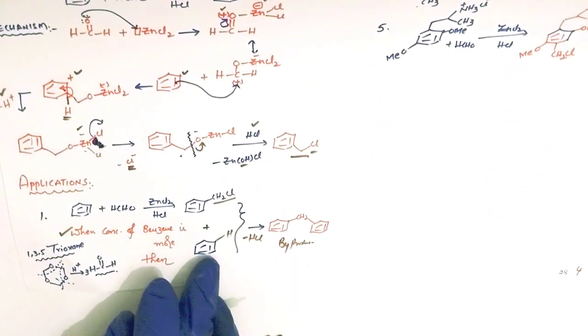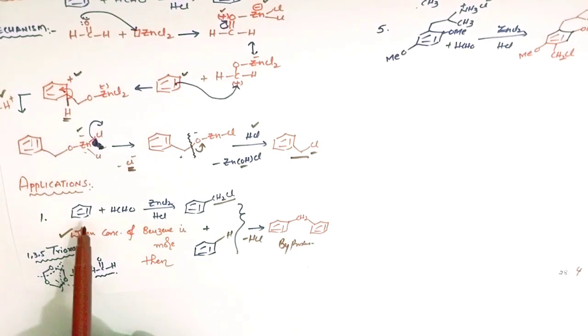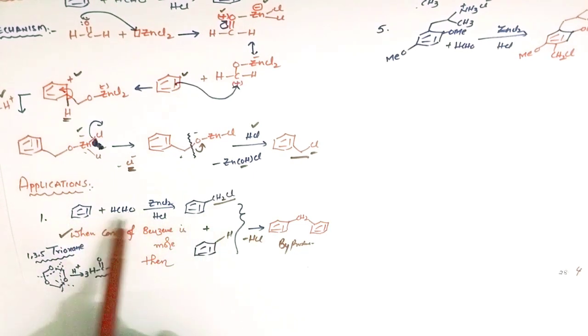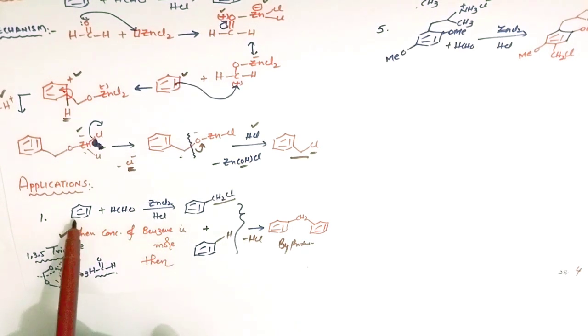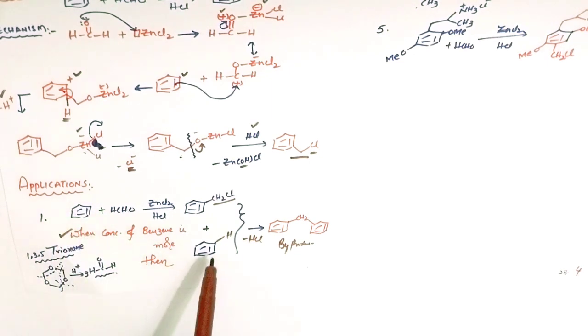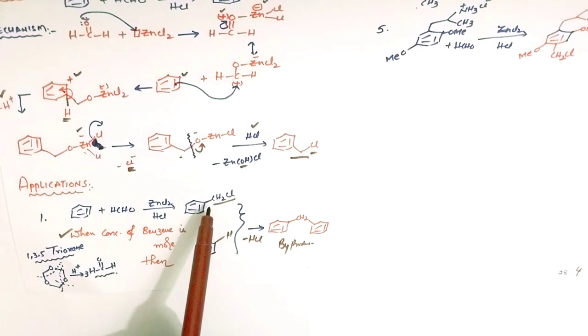Here the first application is that the same example we have taken. Here the condition is that when the concentration of benzene is more, suppose we have unreacted benzene in the container, what happens? The unreacted benzene will be treated with the product.